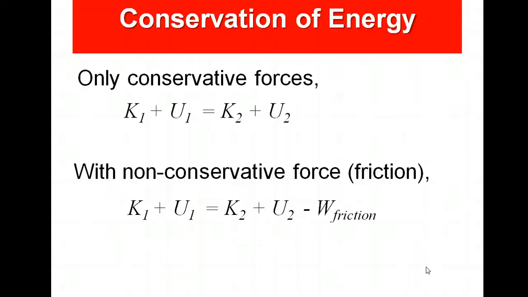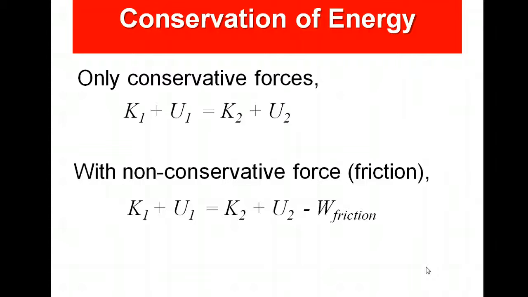Now, if there are non-conservative forces, in particular friction, which is probably the most common non-conservative force that we will encounter, kinetic energy plus potential energy is no longer equal to kinetic energy plus potential energy later. In fact, if you stop and think about this, if there is friction, will the kinetic energy plus potential energy before be greater or less than the energy later?